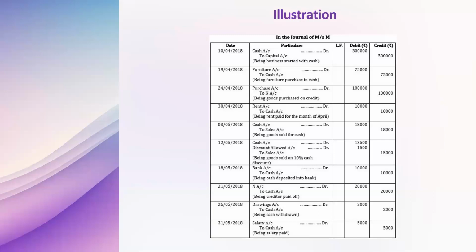They have just mentioned bought computers, 20,000. Cash or credit? Again, there is no mention of cash, and no mention of the individual or company from whom the purchase has been made, right?